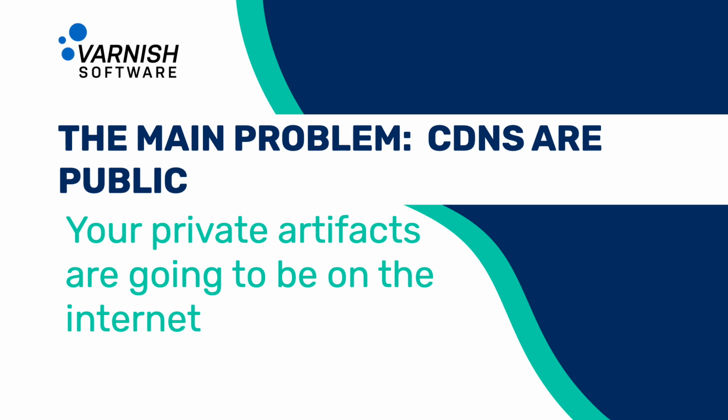I think my main problem would be that those CDNs are public. Your private artifacts are going to be on the internet. Sure, you are going to have signed cookies, signed URLs to protect them, but I have a philosophical but fundamental problem with my content being held in a public CDN when, as I said, this is stuff that your developer inside your network needs, and they need it inside your networks.